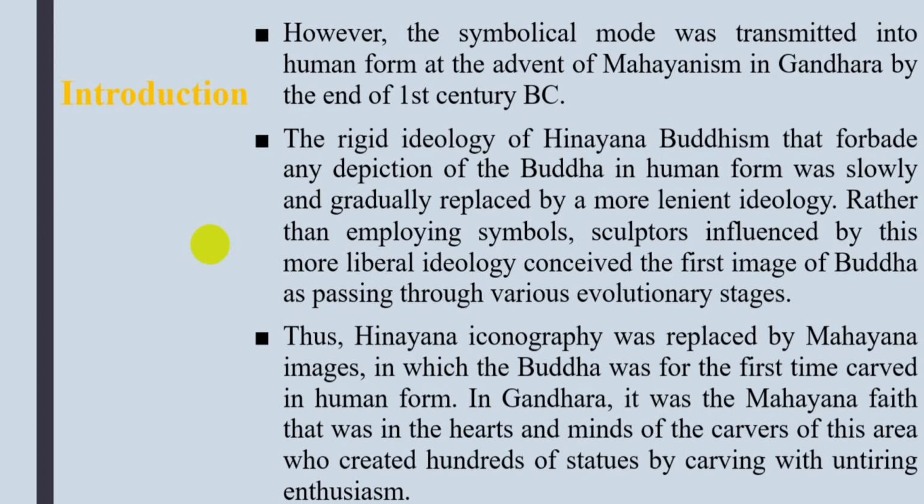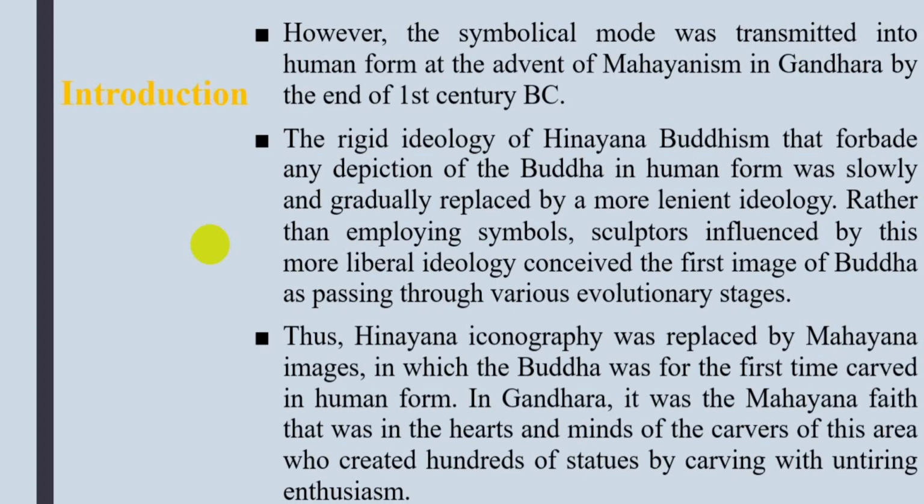a more lenient ideology. Rather than employing symbols, the sculptors, influenced by this more liberal ideology, conceived the first image of Buddha, and this image passed through various evolutionary stages.